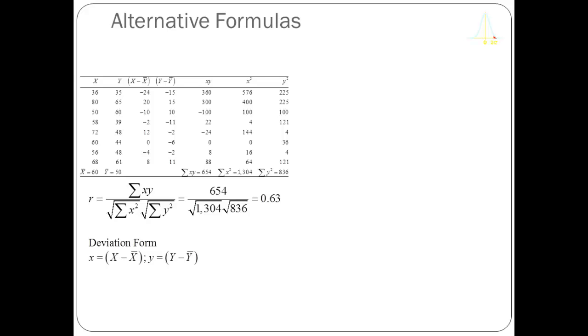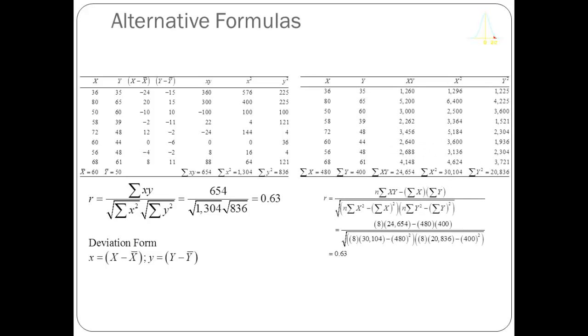So the pro of this particular way of calculating the correlation coefficient is the formula is easy. The downside is that getting the pieces we need to plug into this formula are a bit difficult to get.